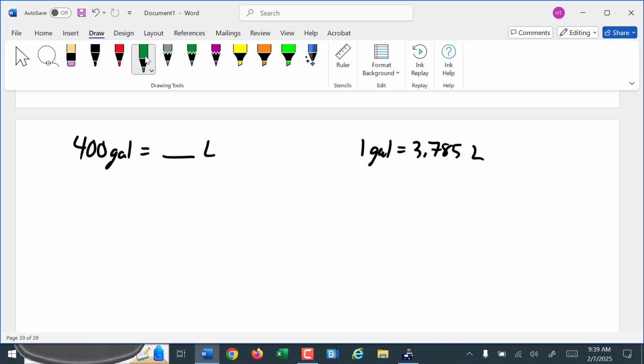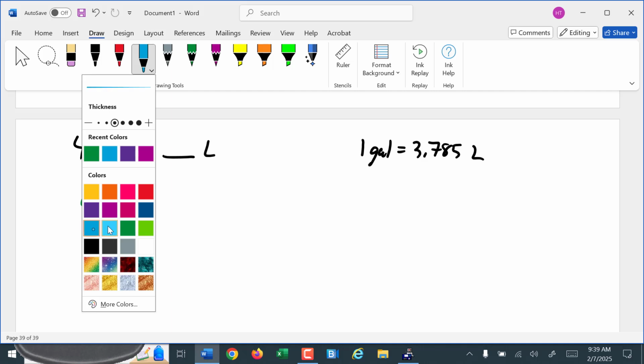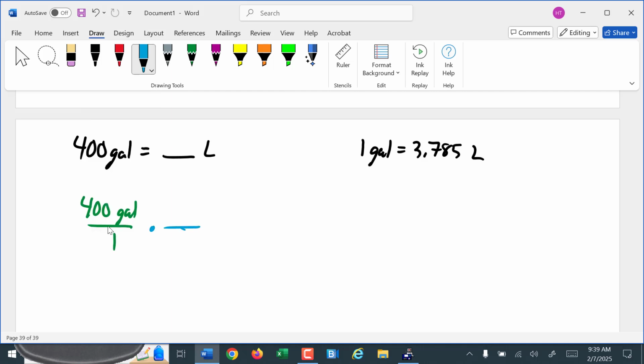So again, you start out with the 400 gallons, put it over 1. In our conversion factor, what's going to go on bottom? Careful. We're getting rid of gallons. So the gallon goes on bottom. Yep. So the 3.785 goes on top.